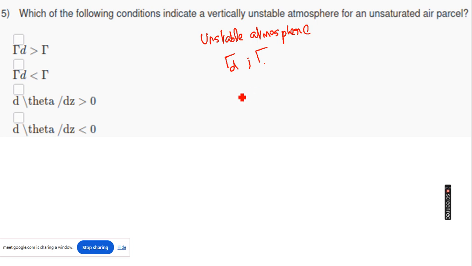In case of an unstable atmosphere, which will have the higher value, DLR or ELR? Yes, exactly. Gamma D less than gamma in terms of lapse rate, and in terms of potential temperature, d theta by dz less than 0. This resembles the vertically unstable conditions.